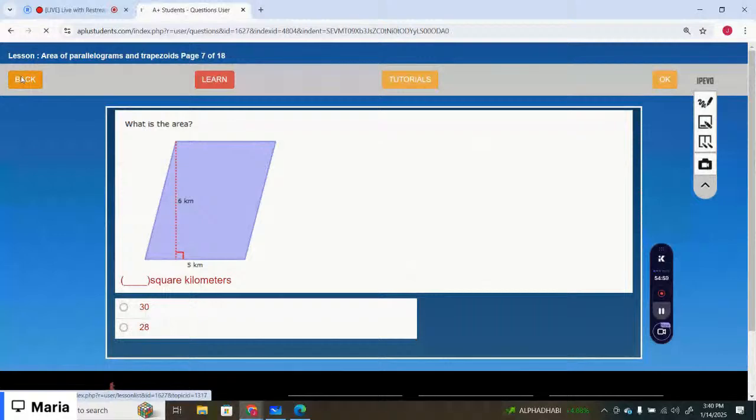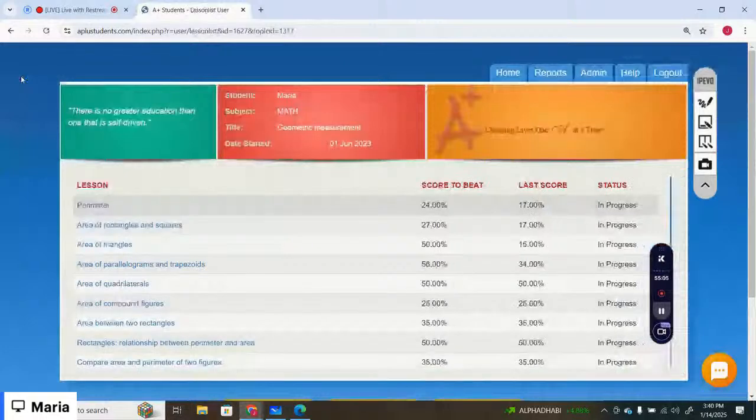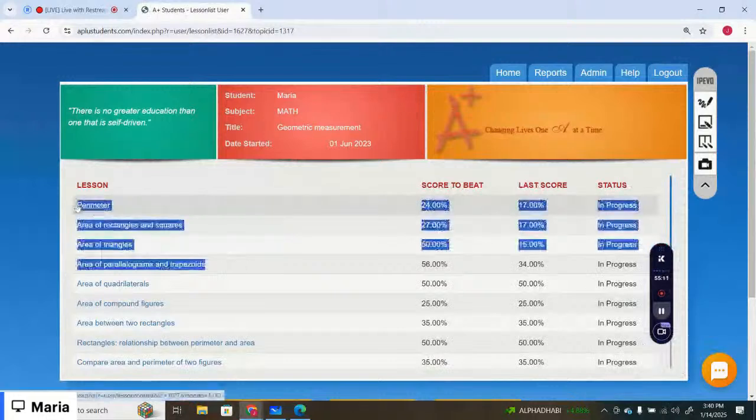The lessons we have covered today are perimeter, area of rectangles and squares, area of triangles, area of parallelograms, and trapezoids. So please make sure before the next session you complete all the practice questions for the lessons we just did. That is your homework until the next session.